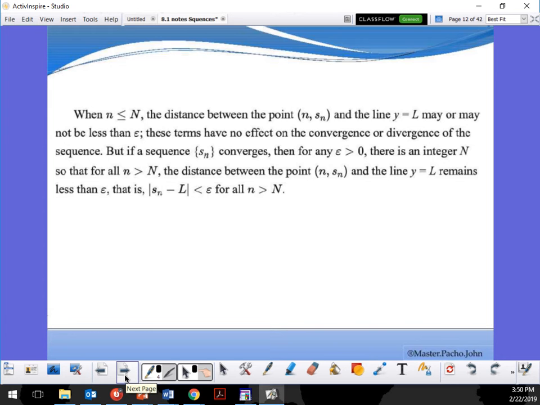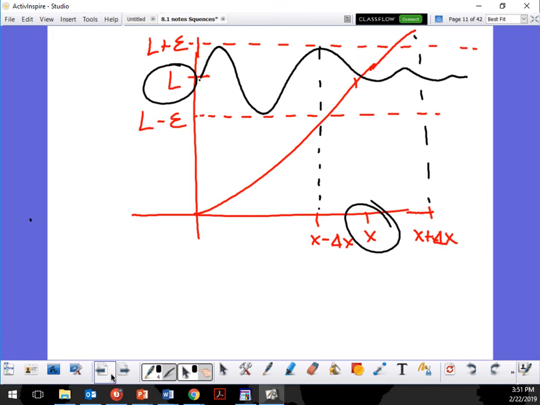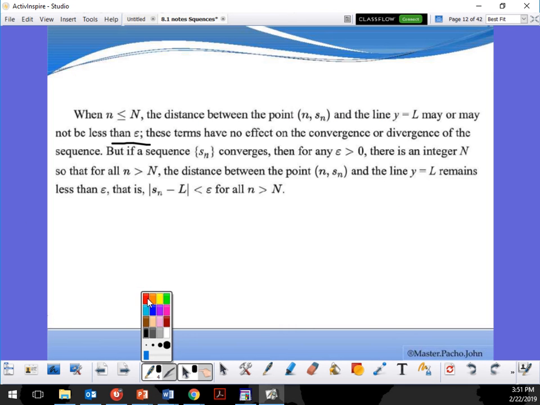Where n, little n, is less than or equal to capital N, the distance between the points n and s of n, and the line y equals L may or may not be less than epsilon. Might be outside of those bars. These terms have no effect on convergence or divergence of the sequence.